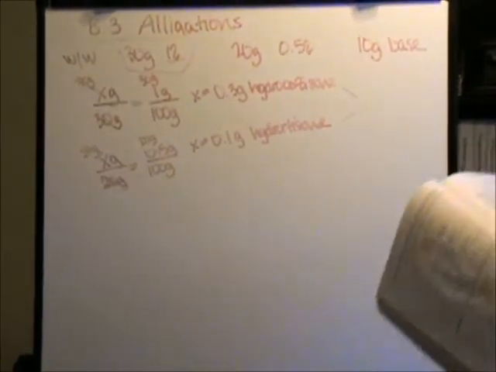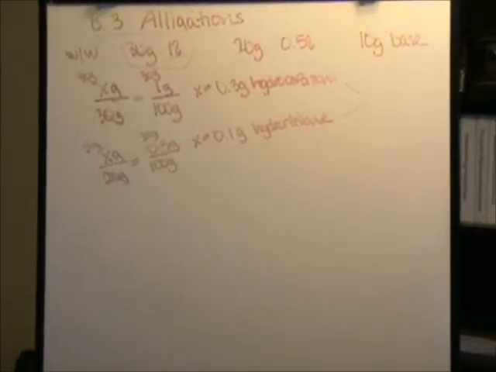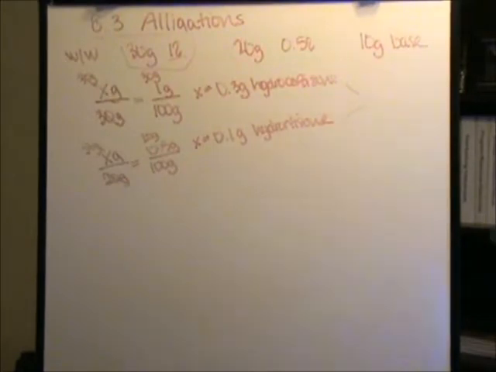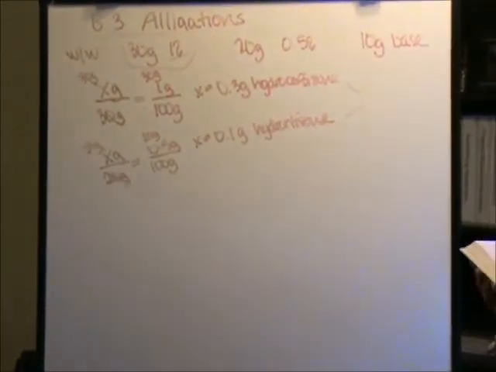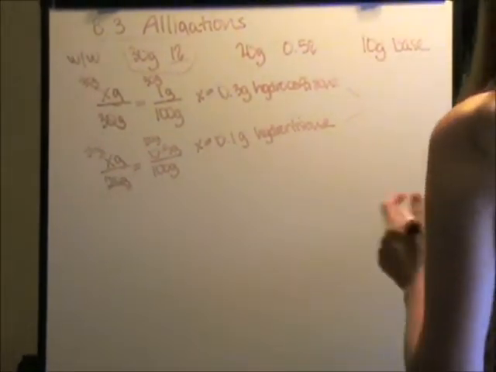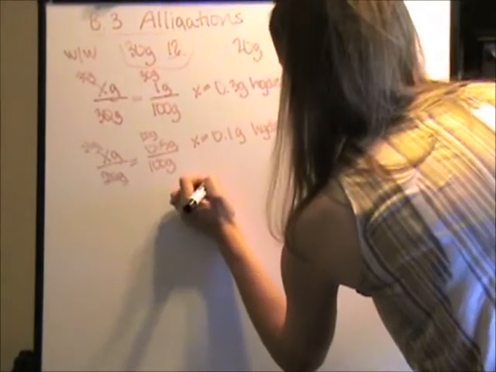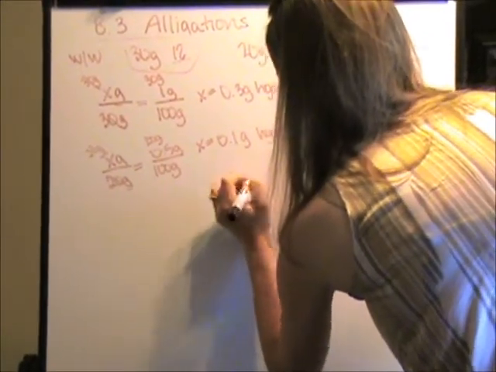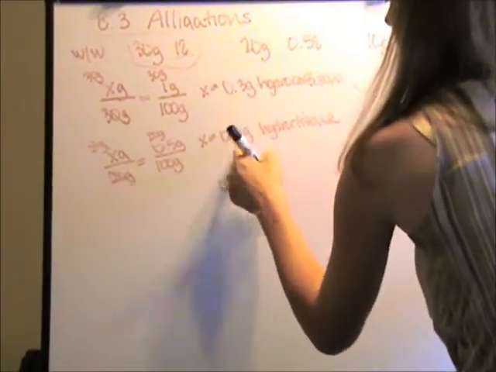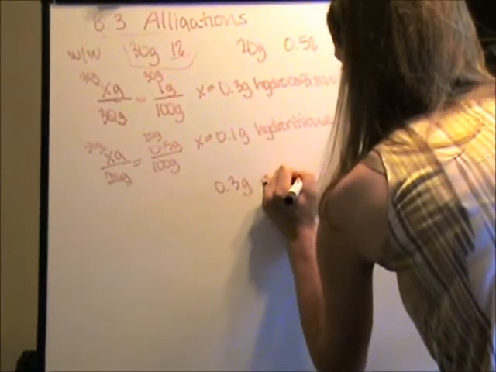Now it's time to use the proportion that the book is going to give us to find the final concentration. So what we're going to do is add the two together, 0.3 grams plus 0.1 grams.